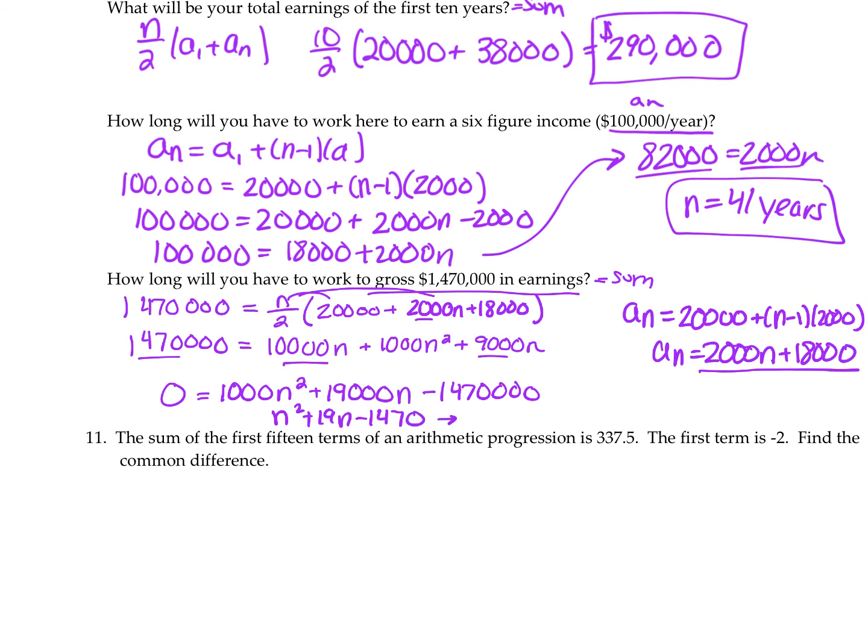And so we want to think about what multiplies to 1,470 and adds to 19, which is actually going to be 49 and 30, or 49 and negative 30. So that means my positive answer would be 30 years, would be how long it would take to gross $1,470,000.